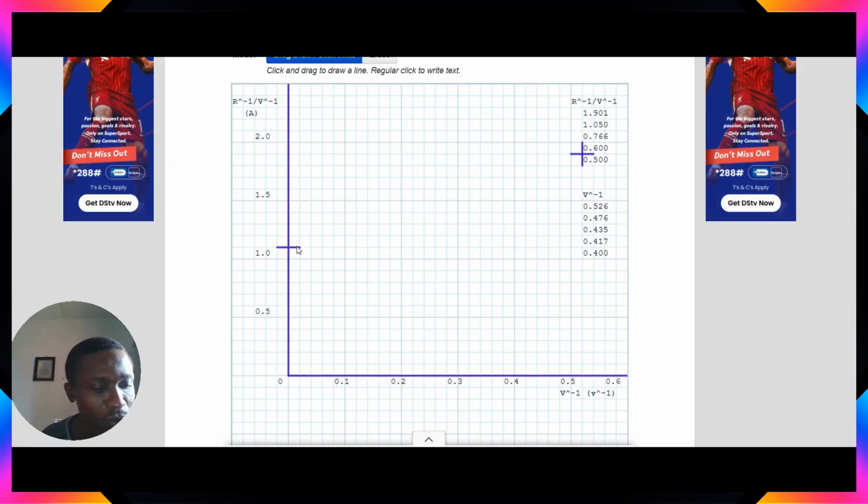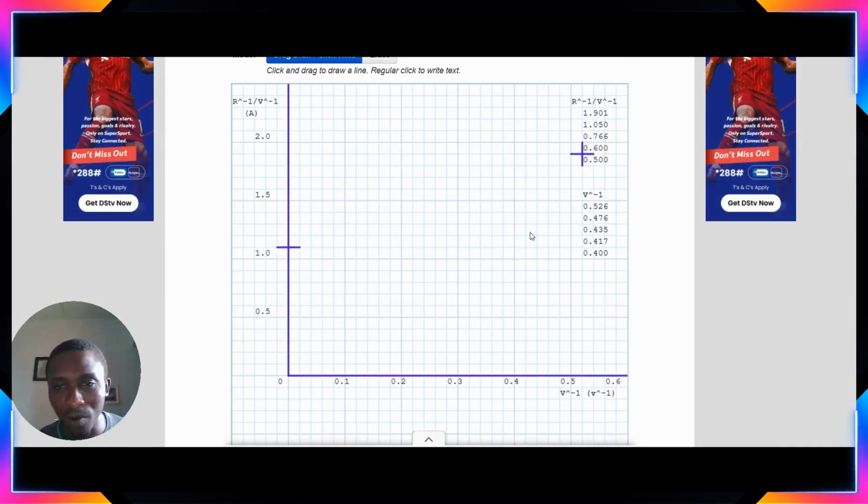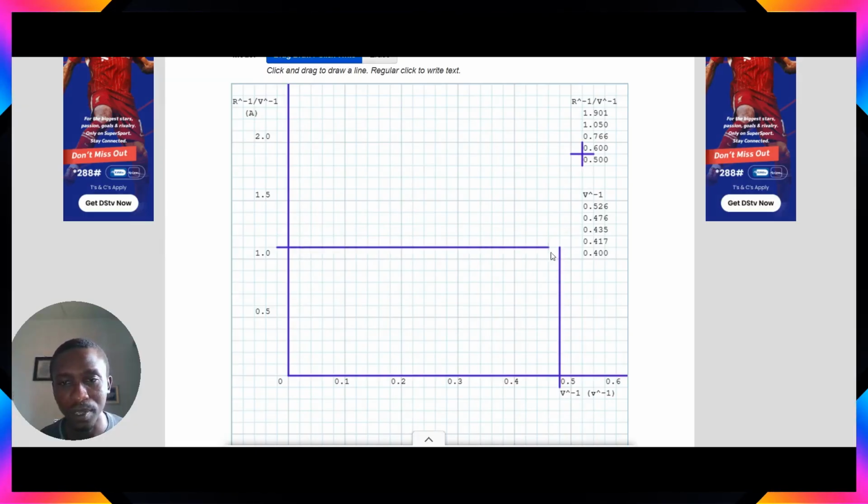You have 1.1 here. And where you have 1.1, the corresponding value of V at that moment is 0.47, which we can't have, but we can have 0.48, and there is 0.48, because each value here represents 2 centimeters. So going forward now, then this comes here, then this also comes here. So we have our point here. Good.